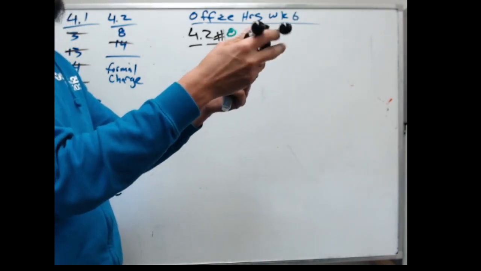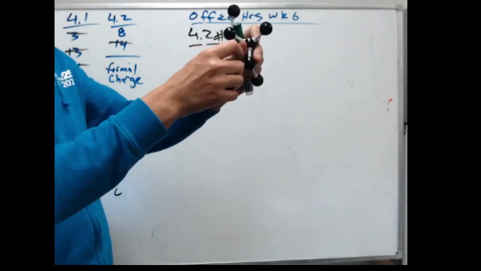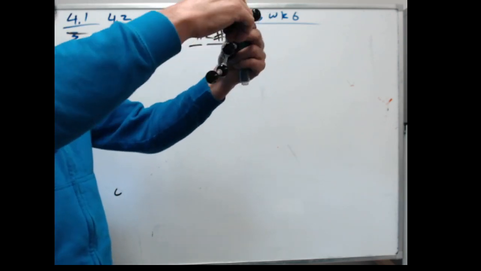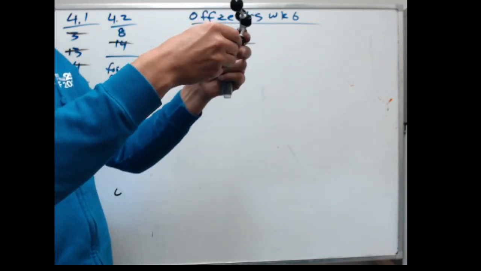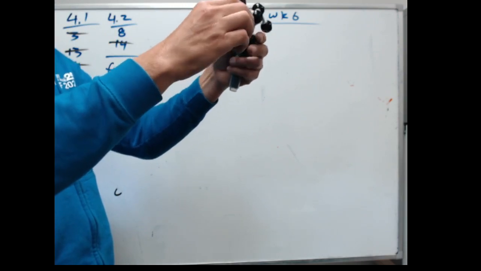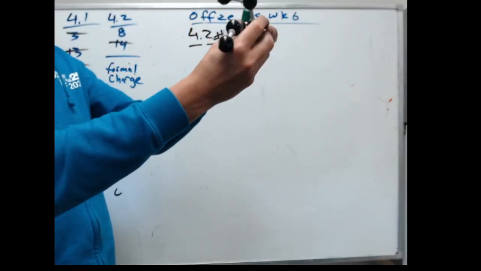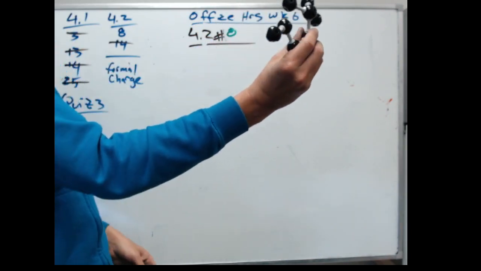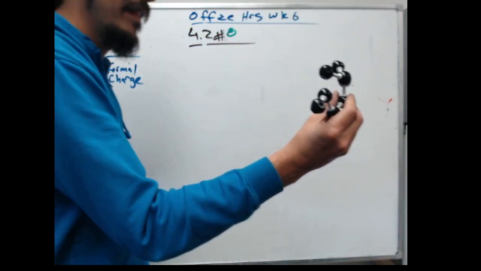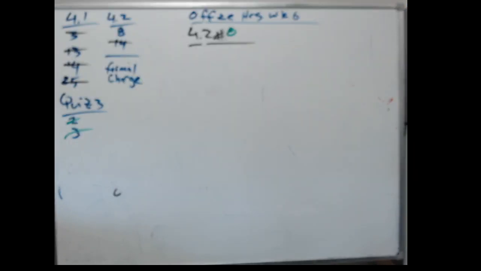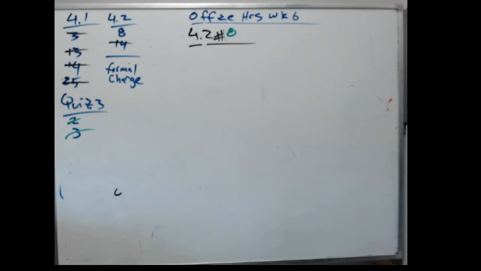So if you look at this now, this is actually kind of interesting. Let me get it back to its neutral spot, kind of like this. You see how that makes the Lewis structure that's drawn in there right now? And then let me see the second one. It's that.